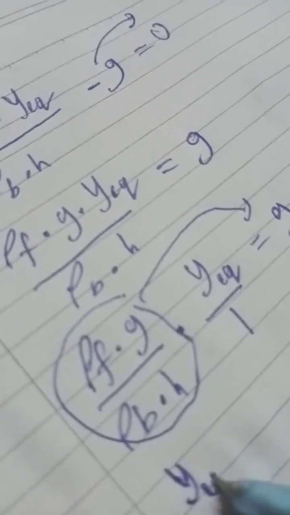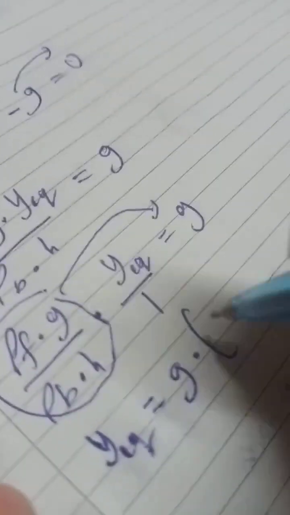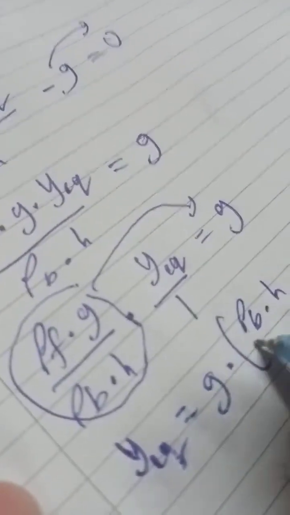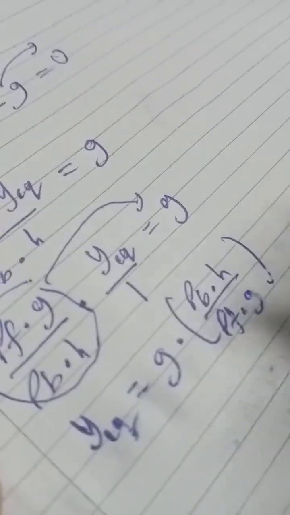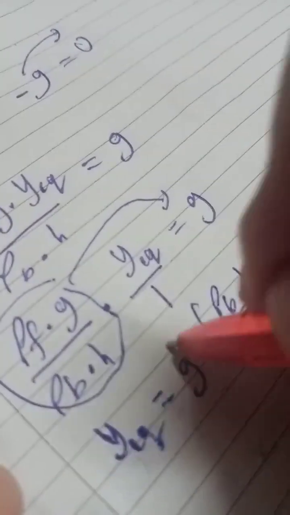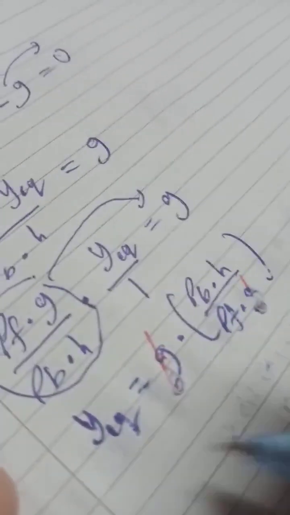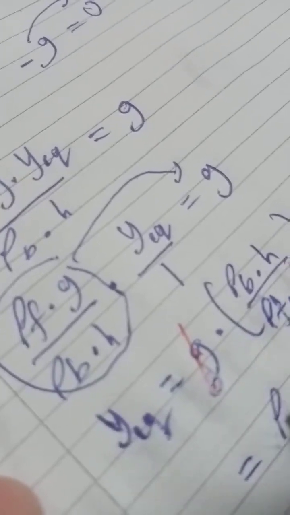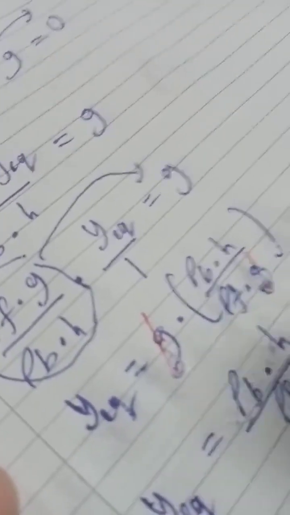So y equilibrium is equal to g times rho b times h over rho f times g, right? So here we can cancel out g, and we get y equilibrium is equal to rho b times h over rho f.